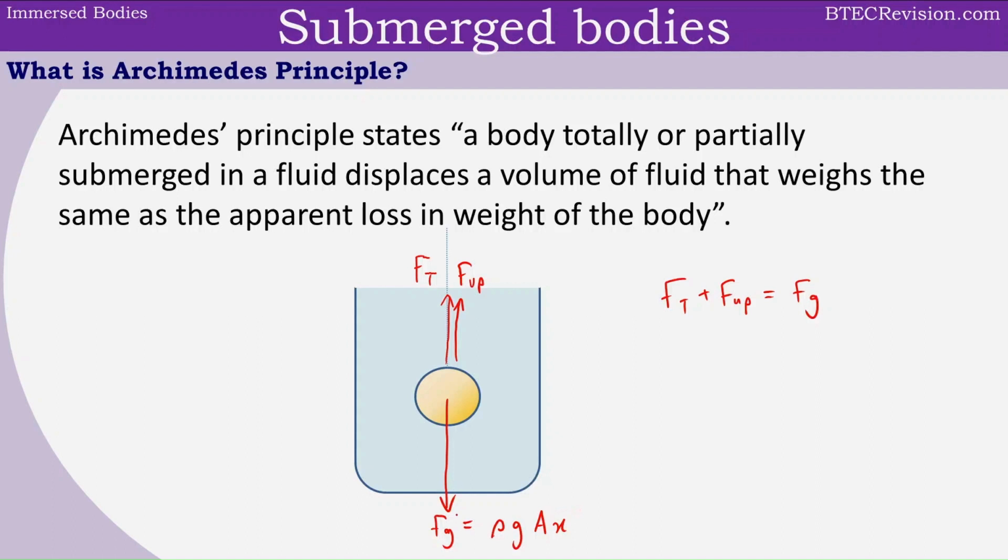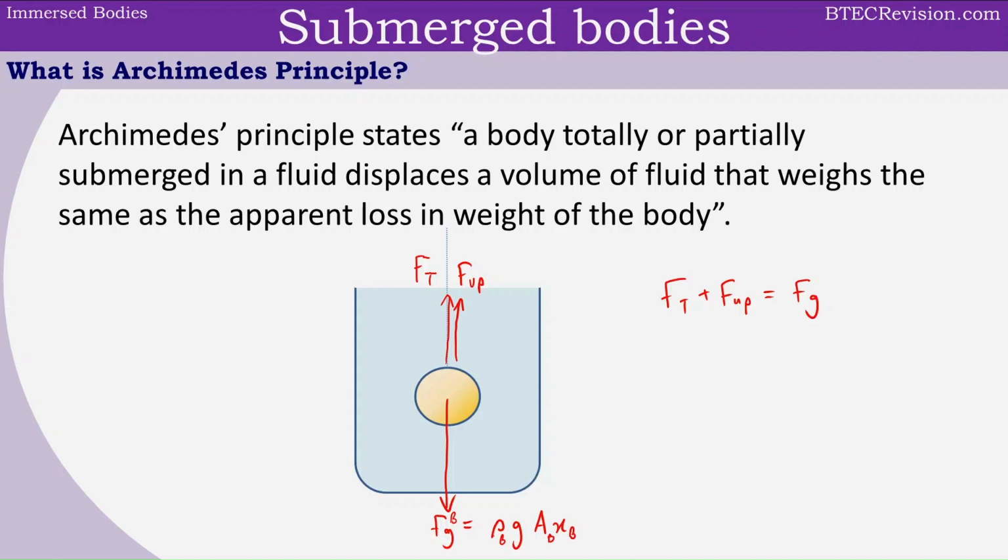And for the weight, in this case Fg, that's going to be the density of that object. Let's label that as the ball, B. So the density of the ball, gravity is constant so that doesn't make a difference, times the area of the ball times the position of the ball, B.